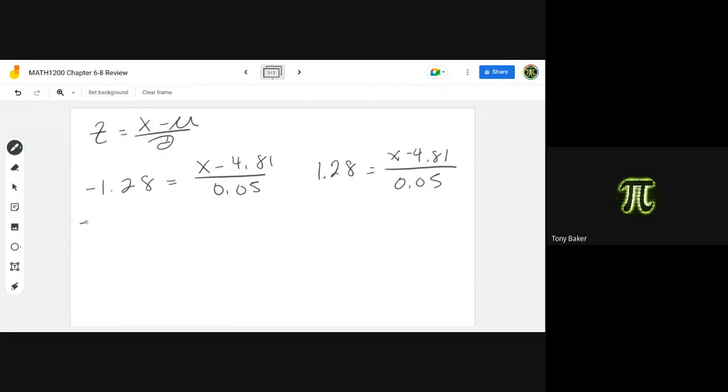So we've got negative 0.064 and 0.064. Wait, can you back up a second? Yep. How did you get there? I multiplied 0.05 on both sides, getting rid of the division. All right. And then we add the 4.81 over.